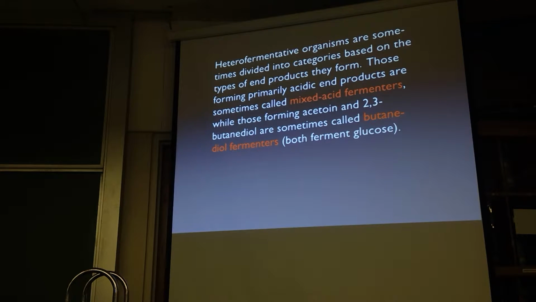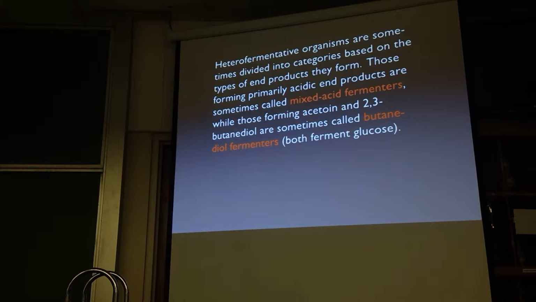Now, these heterofermentative organisms, as I said, can produce a wide variety of end products. Apparently in industrial microbiology, organisms are referred to as being fermenters of a particular substance. It's kind of confusing, because they refer to them as mixed acid fermenters if they produce mixed acids, and butanediol fermenters if they produce butanediol.